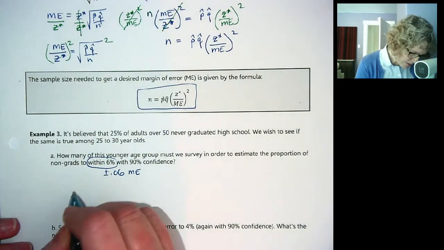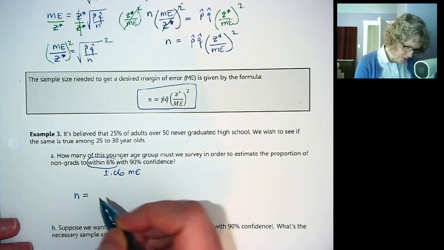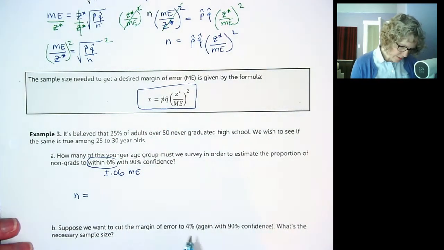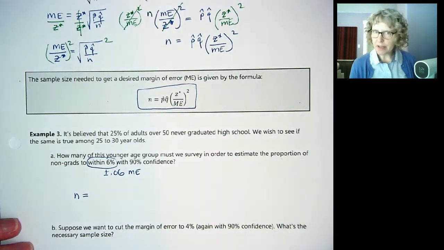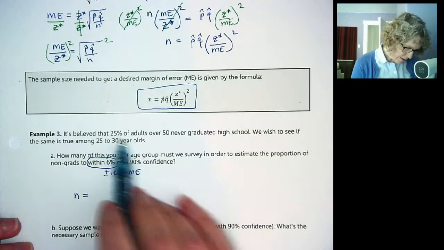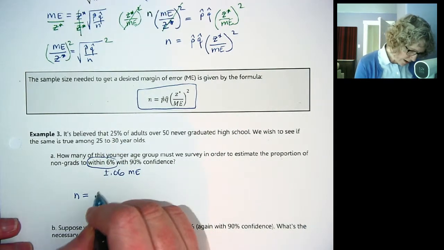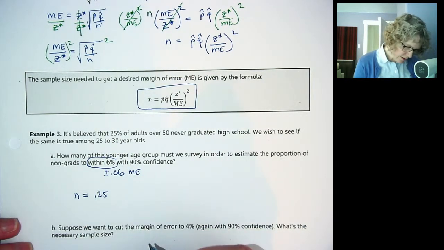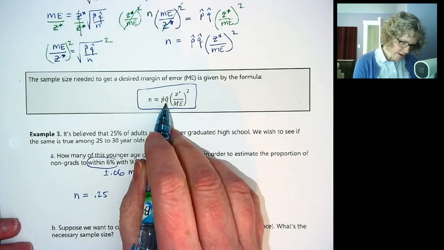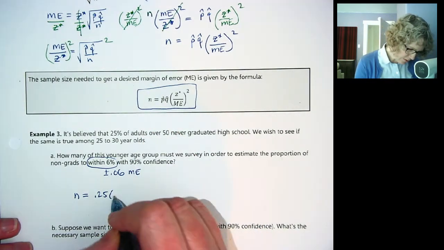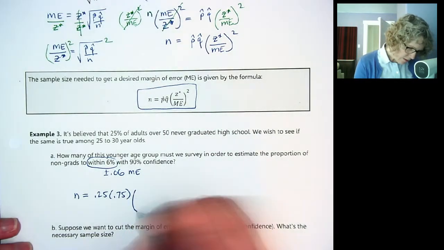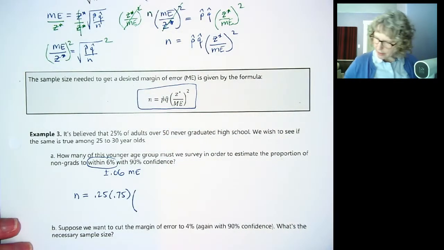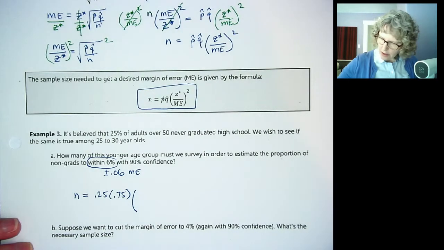Okay, so let's put this in. n equals p hat. Usually they have to give us some kind of estimate that they already have an idea of. We're going to use 0.25 in this case. And then q hat is the complement, 0.75. Z star, so that's 90% confidence.